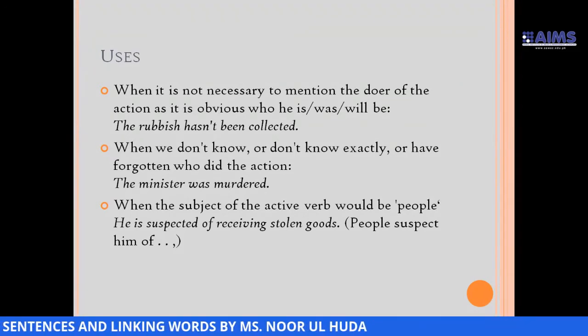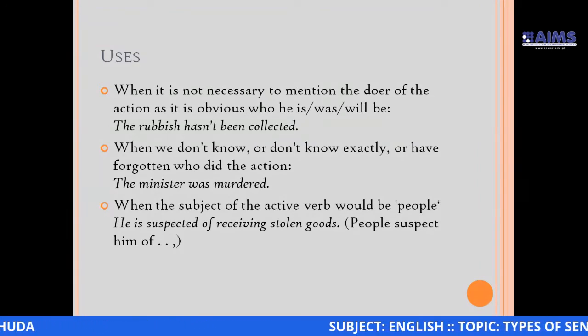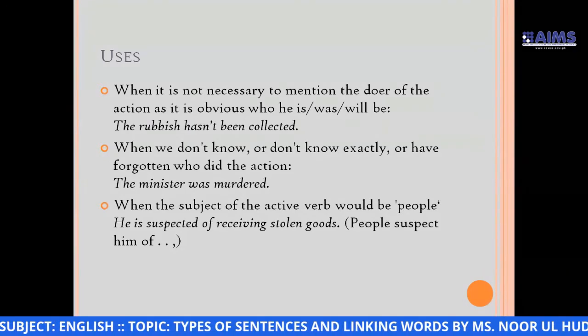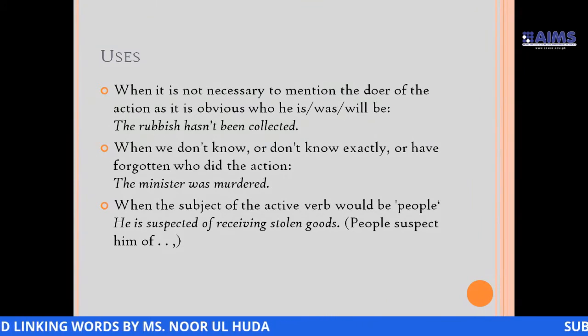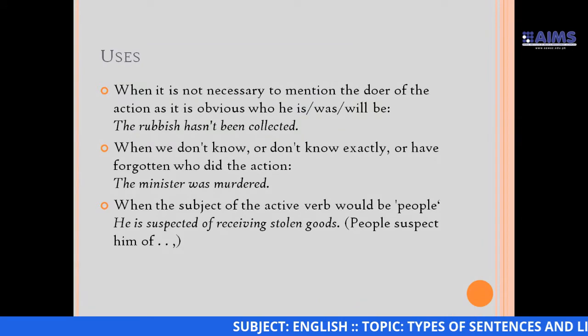Okay, now when we don't know exactly, or have forgotten, who did the action: the minister was murdered, we don't know who did that murder. And the robbery was committed, we don't know who committed the robbery.